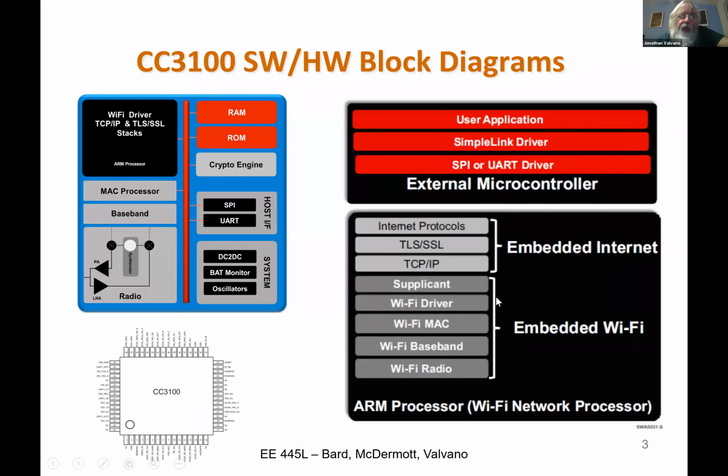Okay, here's a block diagram of the CC3100. Just like all the other IoT devices that we've done all semester, we're going to push down into either a separate processor or into dedicated silicon the physical and MAC layer.